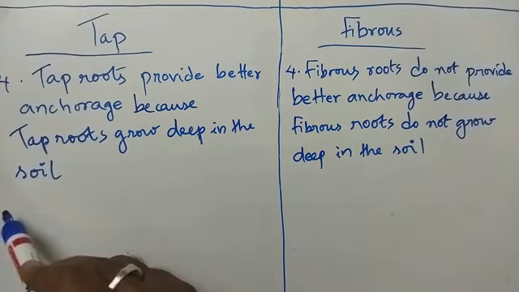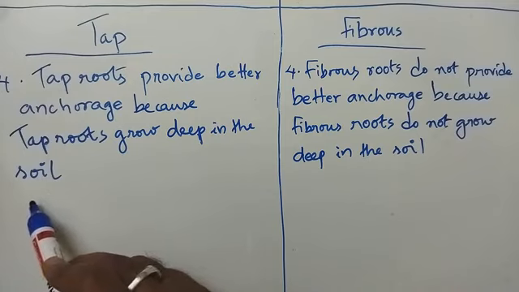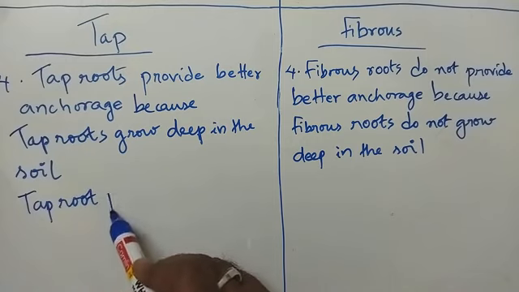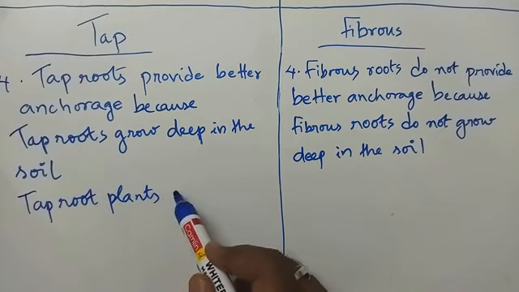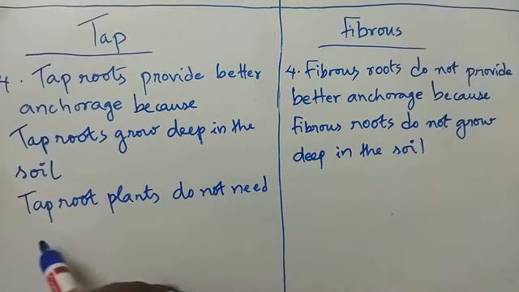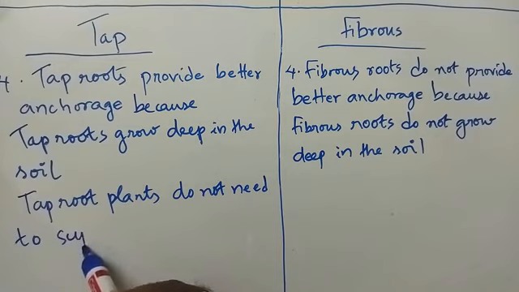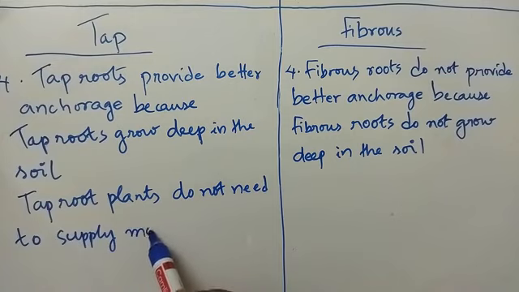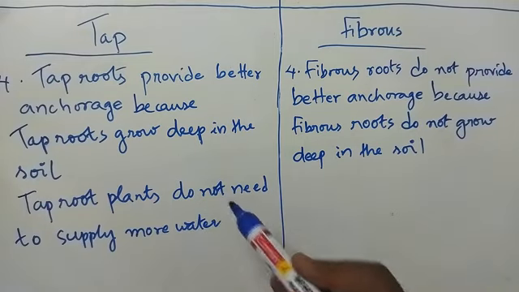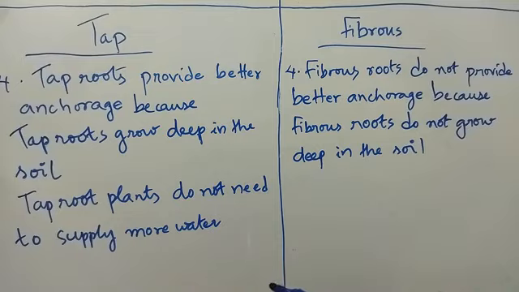So this point also you have to write. Tap root plants do not need to be supplied more water because, same thing, tap roots go deep in the soil and they can have access to obtaining underground water from deep layers of the soil.